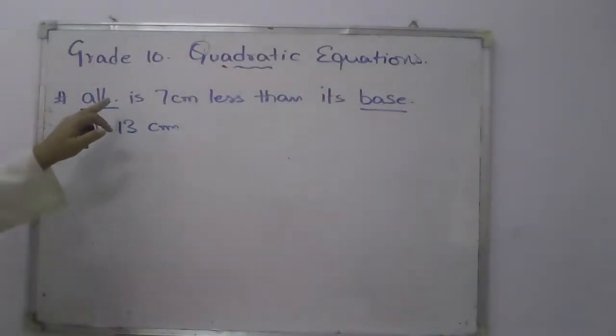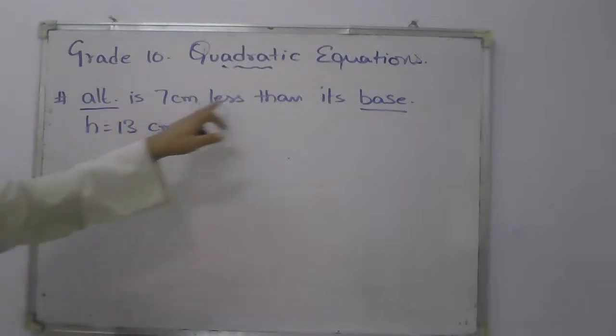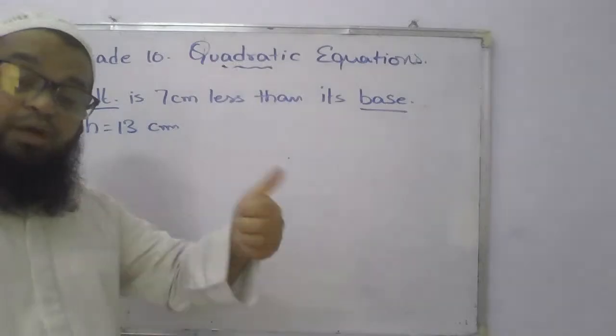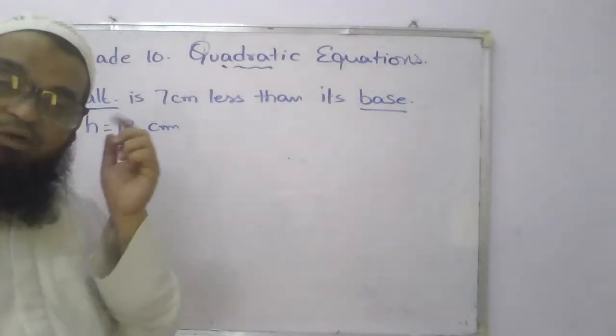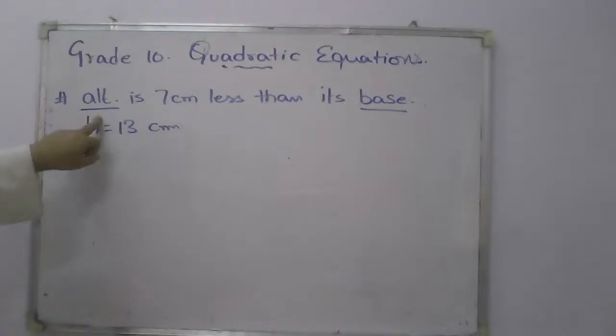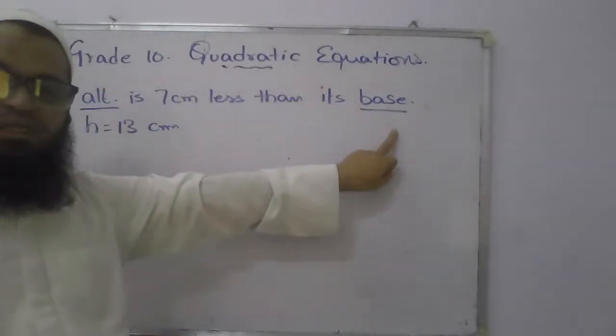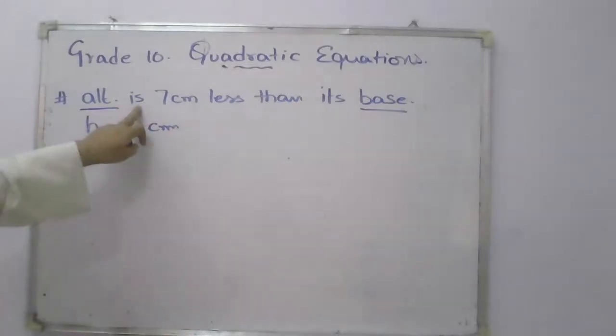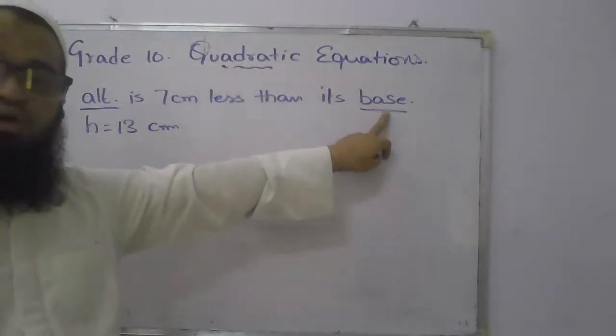But when you see the statement, altitude is defined with respect to base. Do you understand? Which one to take as x, whether to take altitude or base? You have to find out which quantity is defined with respect to what. Understood? So here altitude is defined with respect to base.